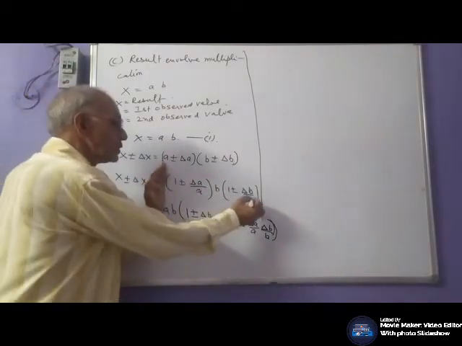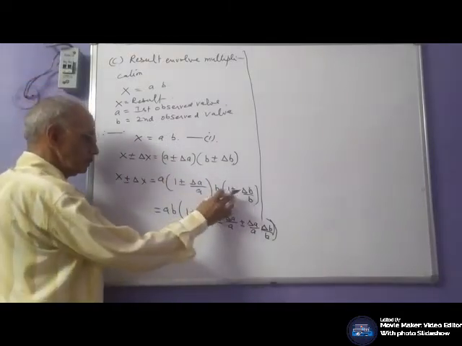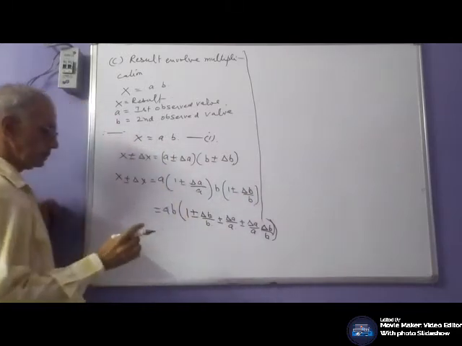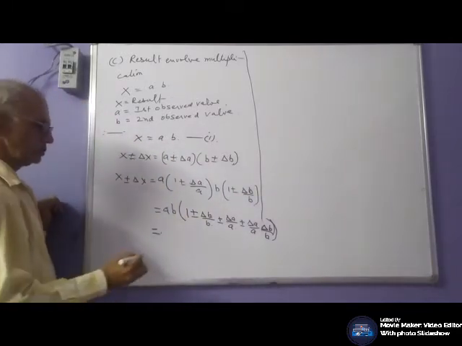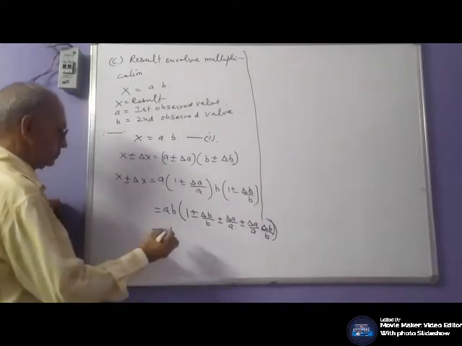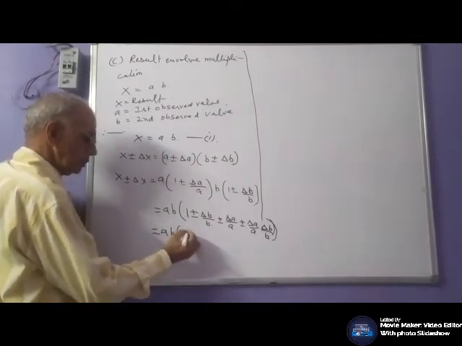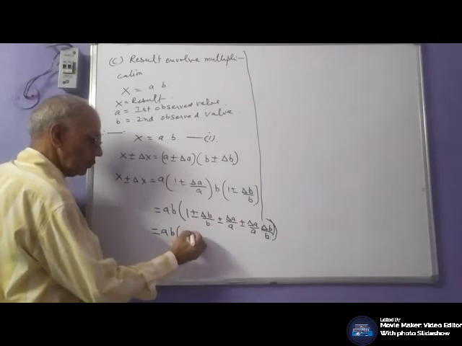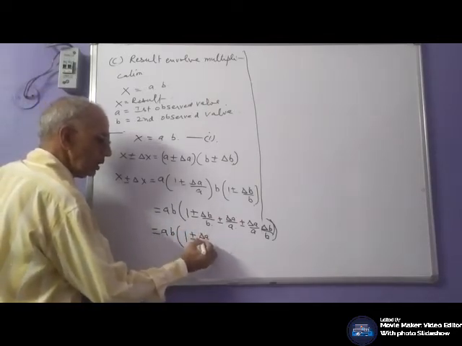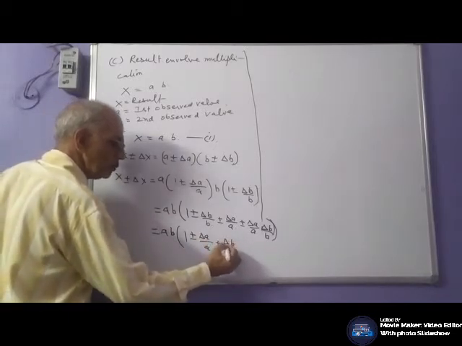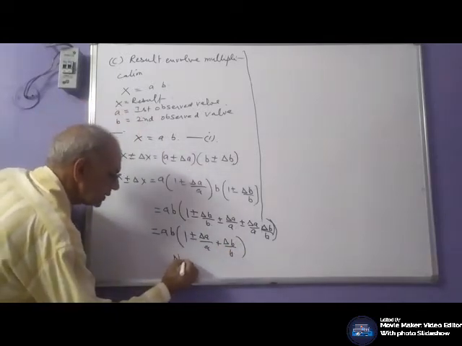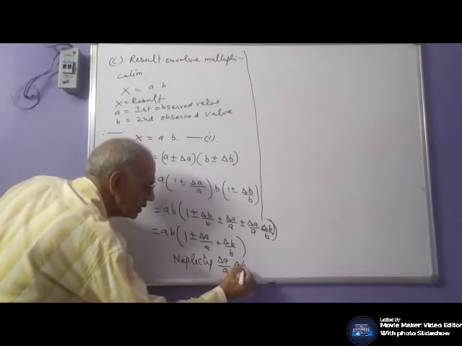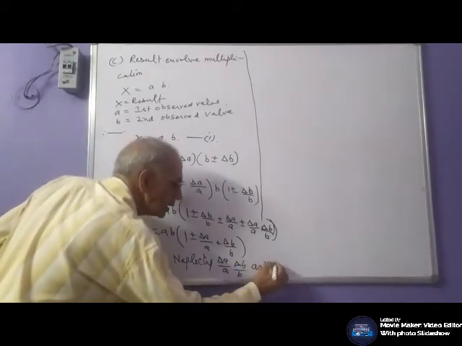Now multiply this with this: 1 with this, with this, with this. AB times 1 plus minus delta A by A plus minus delta B by B, neglecting delta A by A, delta B by B as very small.